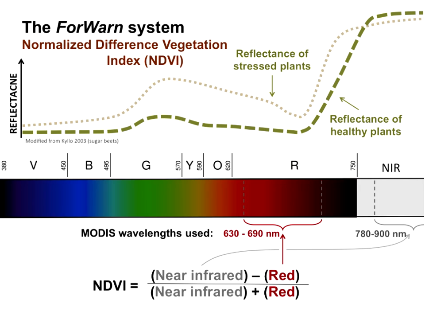So the NDVI, as I mentioned, is a primary indicator that the ForWarn system's using. I'm not going to dwell on this much, but it simply looks at differences in plant reflectance between a portion of the photosynthetically sensitive part of the spectrum and the near-infrared, which plants simply don't really want to absorb so much, and so it's reflected more.